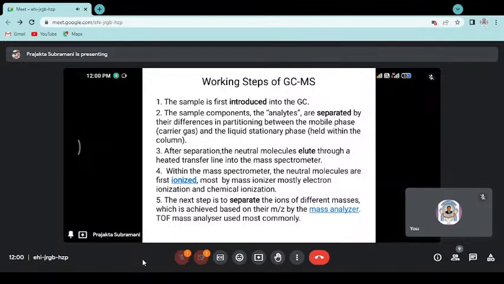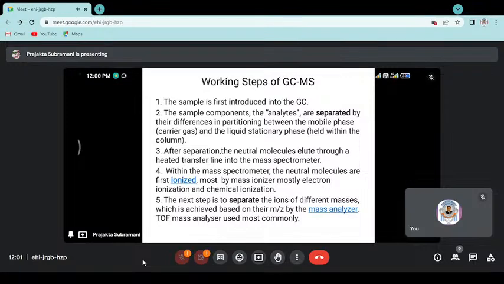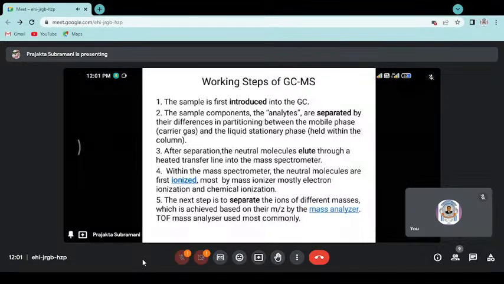In it, the mobile phase is the carrier gas, and there is a liquid stationary phase held on the column. The analytes are separated according to their partitioning between the mobile phase and the liquid stationary phase.